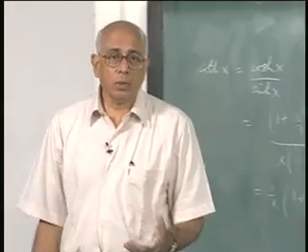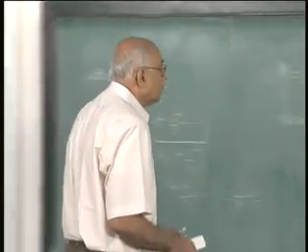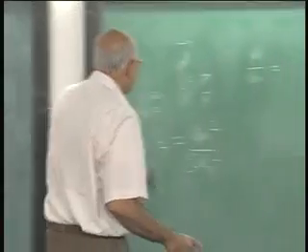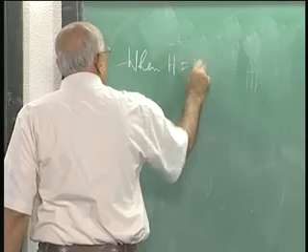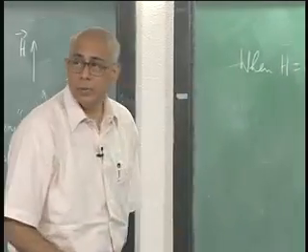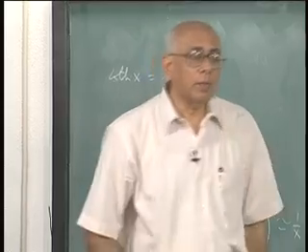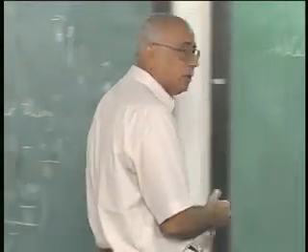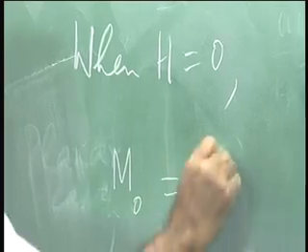We would like to see what is the magnetization near the origin, what does it look like. Well, if you do that, you immediately realize that when H is equal to 0, if you switch it off, then in a paramagnet the magnetization goes to 0, but in a ferromagnet with this equation of state we have m0 equal to n mu.